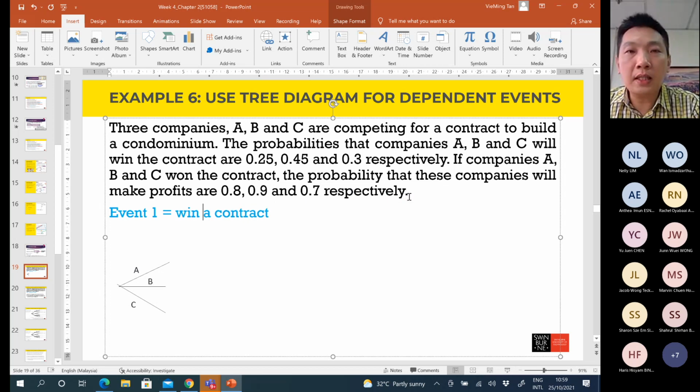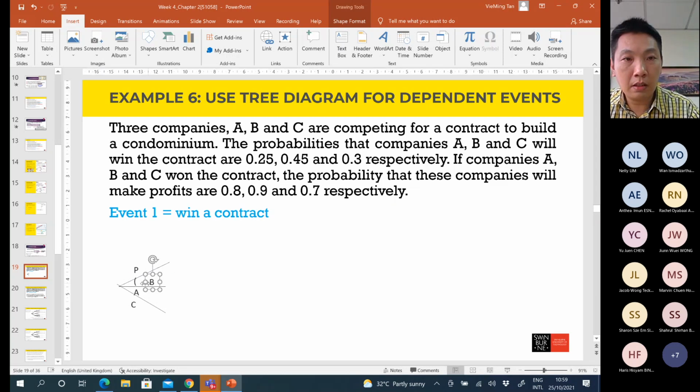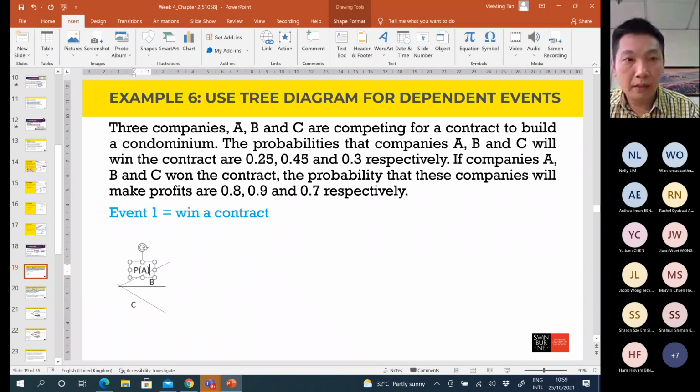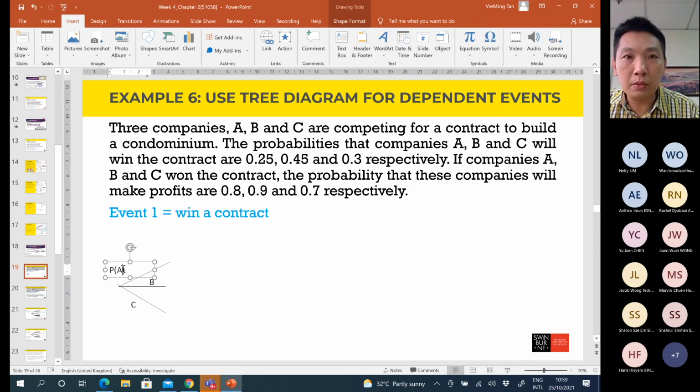So this second sentence I can translate into mathematical equations. I can say that P(A) is equal to 0.25, from the second sentence.